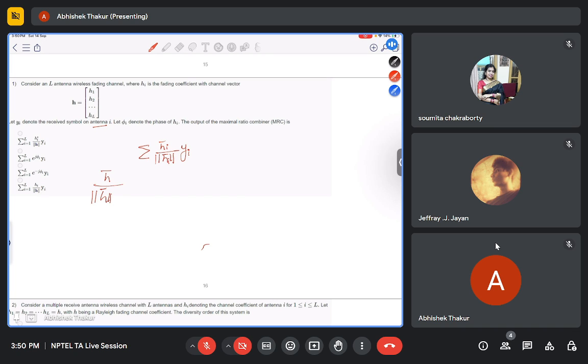So this will be our summation, and for the complex signal, here we can use the Hermitian, that is the conjugate of the transpose. So option A is the correct answer for this question. So that is also h bar Hermitian divided by norm of h into y bar.